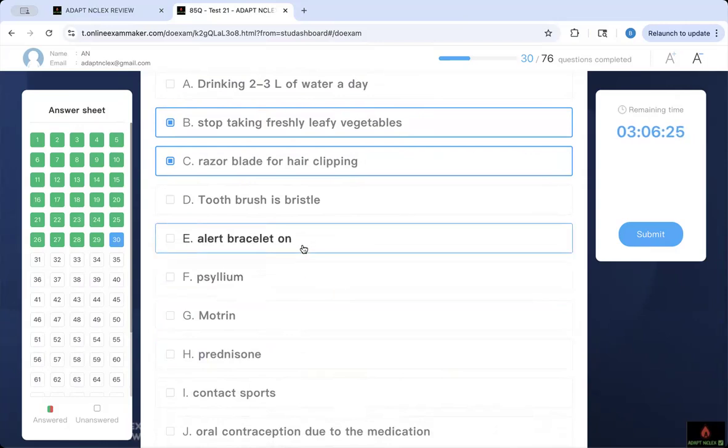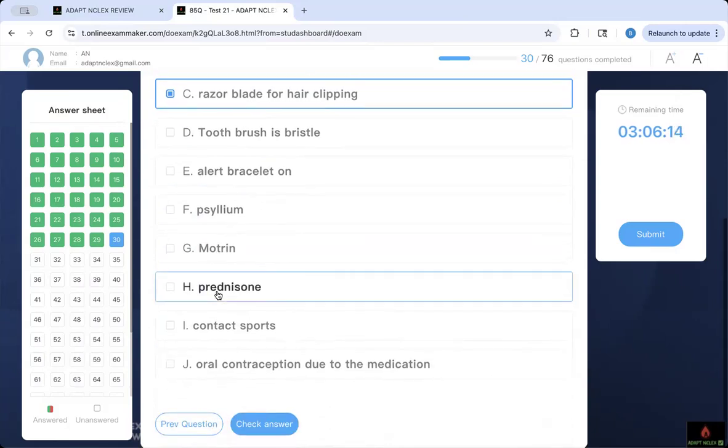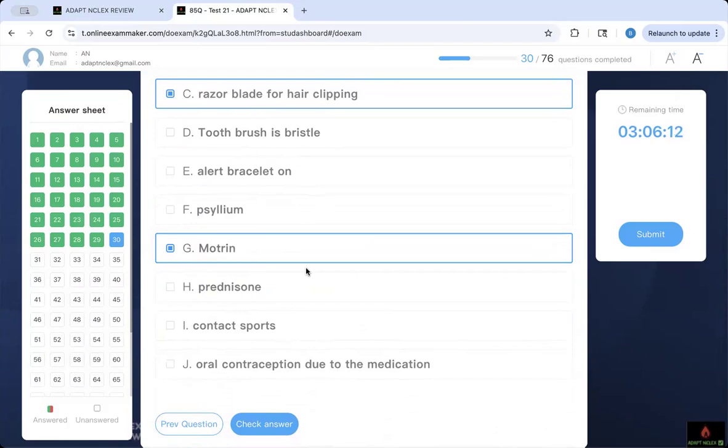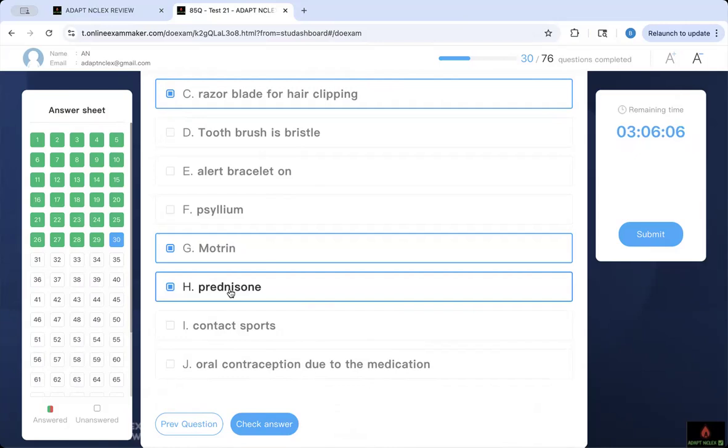You have a lead bracelet on. We know that means you're taking anticoagulation. Psyllium prevents constipation. It's a fiber so that you don't bleed from the anticoagulation. If you take Motrin, you're more likely to bleed. Prednisone, you're going to bleed because of ulcers. Contact sports, you're going to bleed.